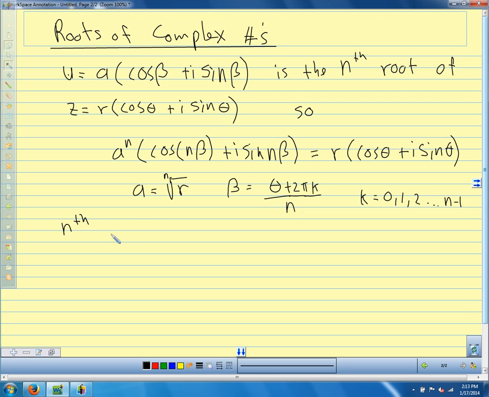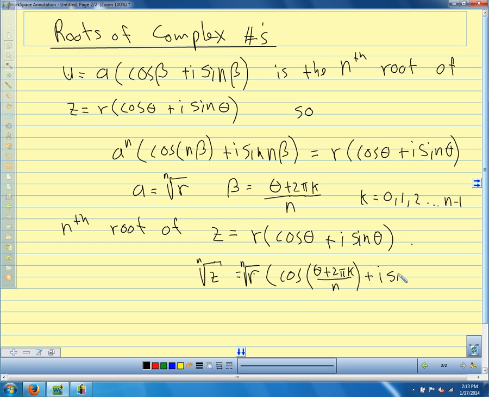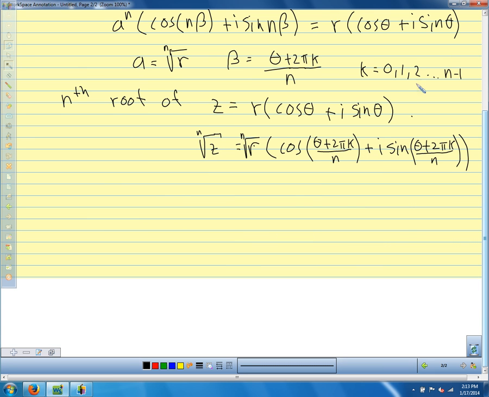So we're going to say the nth root of z, which equals r cosine theta plus i sine theta, equals the nth root of r times the cosine of theta plus 2 pi k, divided by n, plus i times the sine of theta plus 2 pi k over n, and k goes from 0 to n minus 1.